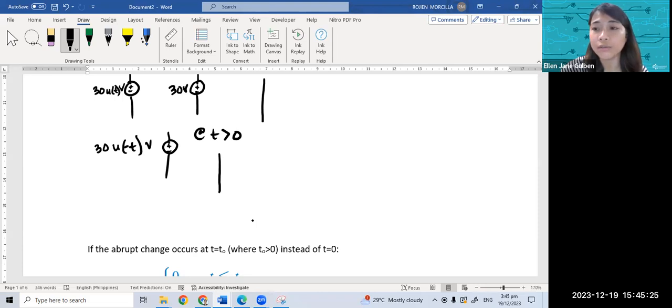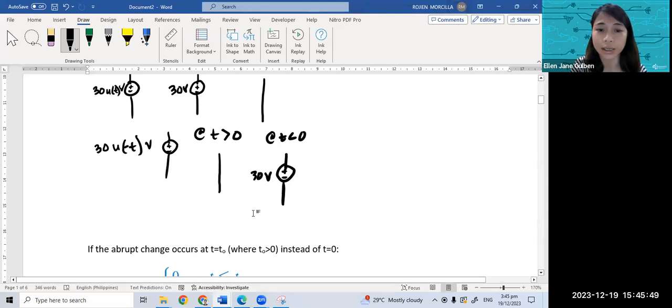U of negative t doesn't work after time 0. And at t less than 0, you get 30 volts. So this is what it looks like.